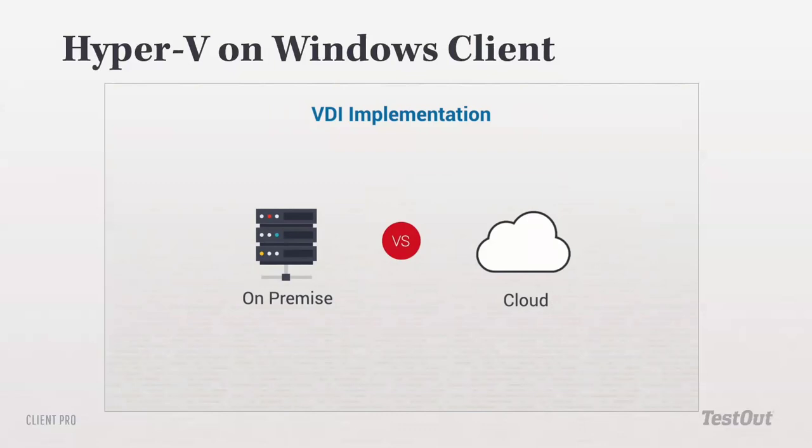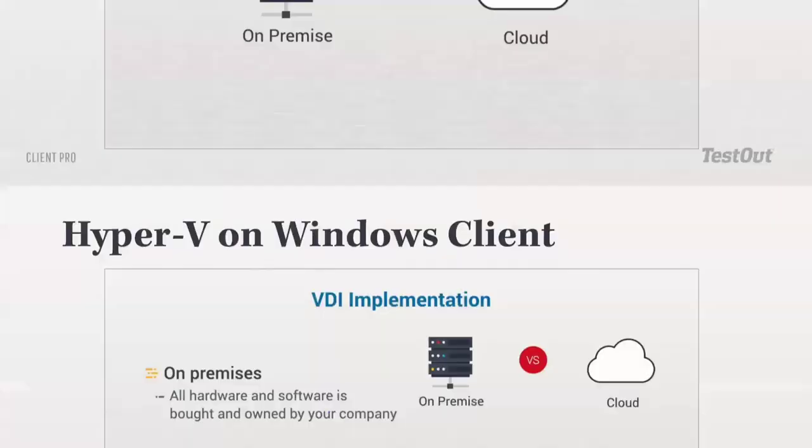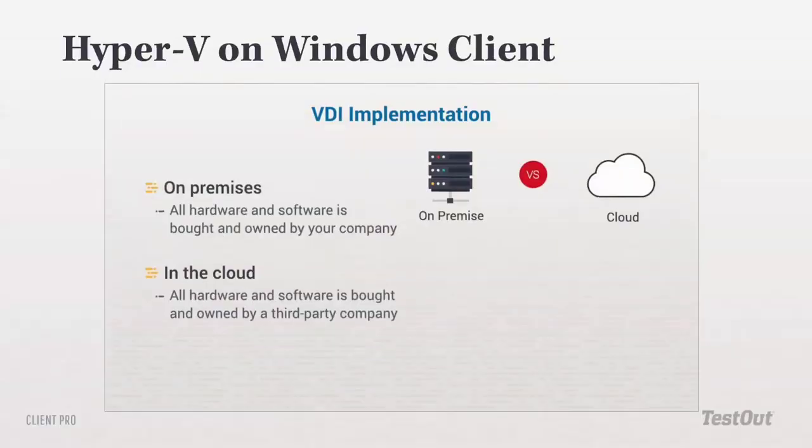Now, you can either have VDI on-premise, meaning you've got that server sitting in the same building or on the same campus where your client computers are sitting, or you can do it via the cloud. And of course, that's how CRC does it because you don't need to be on campus to be able to use the CRC virtual labs. And that would be the third-party company in this case, for the cloud.